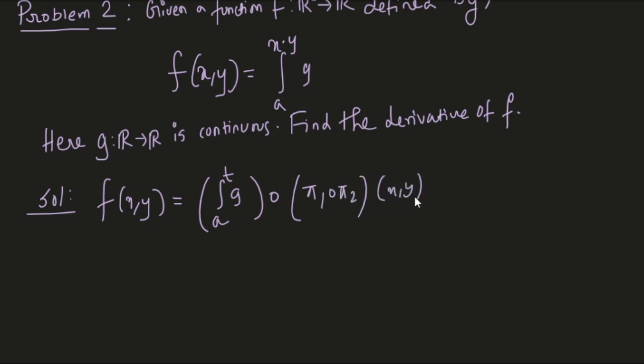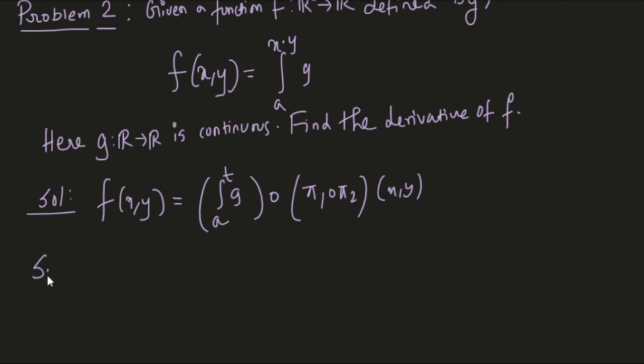So this basically is the composite definition, where t of course is the variable, and pi 1 and pi 2 are your usual linear transforms in two dimensions. We would like to find the derivative of this, but this is very easy using the chain rule. Let us try to do it.